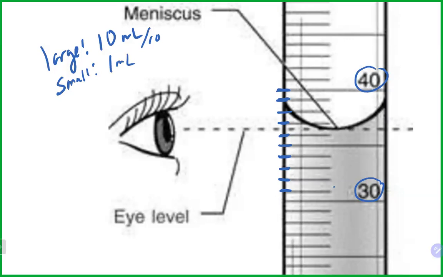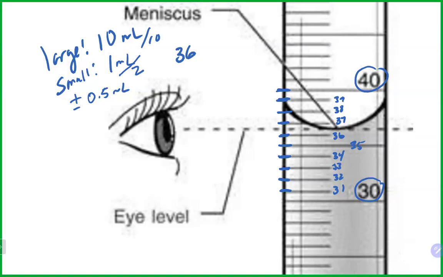So this would be 31, 32, 33, 34, 35 on that line, 36, 37, 38, and 39. Once again, we would record our certain numbers, which in this case appears to be above the 36, so we would record our 36. By the way, if we're not sure how far we could go, we can simply divide that by 2, and that will give us plus or minus 0.5 milliliters.